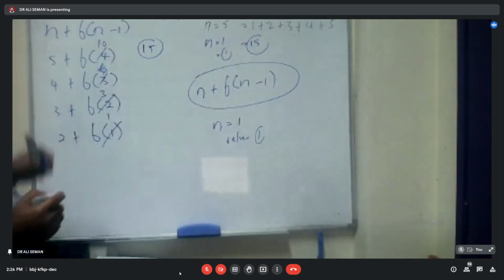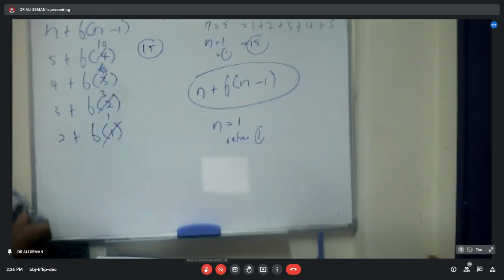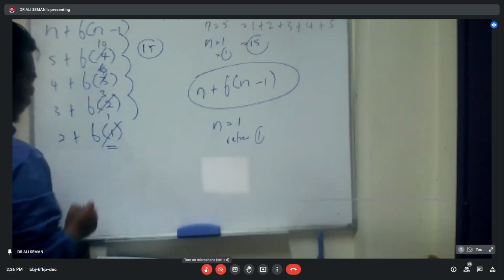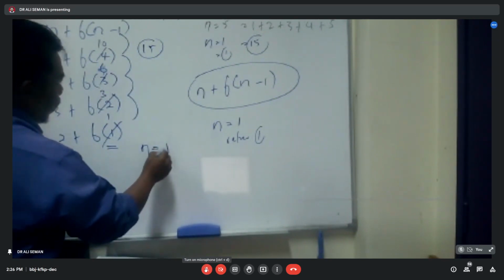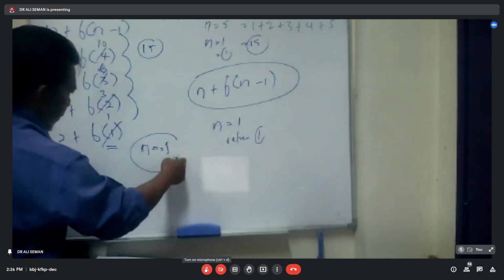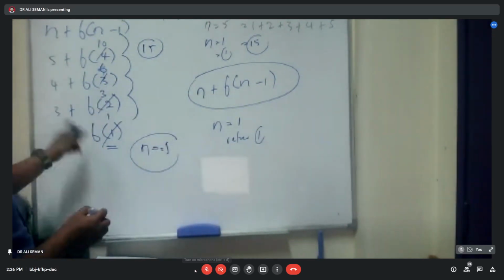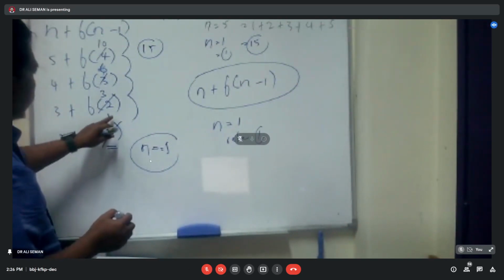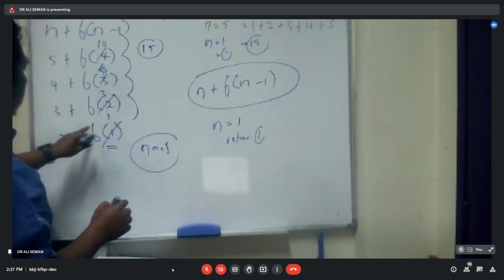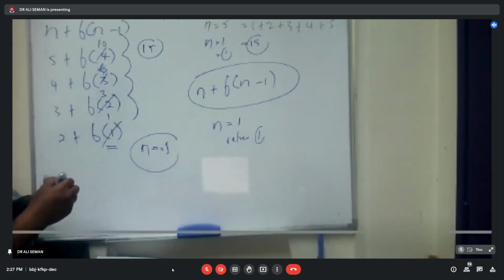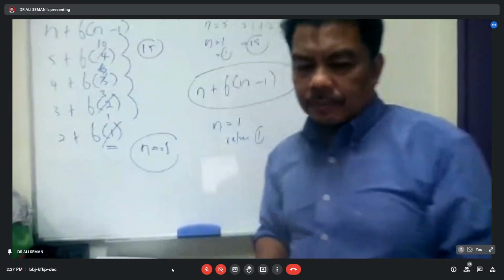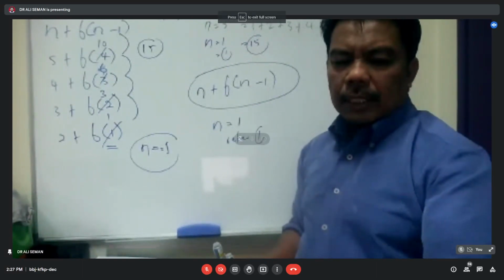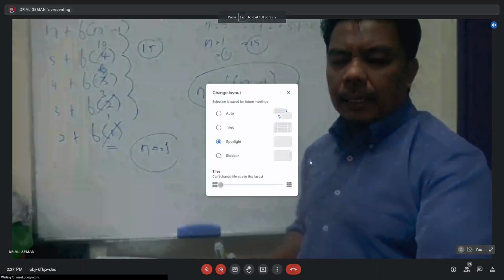This is how the repetition works. Can you see the repetition here? This will reduce until the stopping criteria. What is the stopping criteria? When n equal to 1. Here we stop the repetition. After you stop, you will return the values. The value is 1 here, return 1 because n equal to 1. And 2 plus 1, then combine back. Look at the slide here: sum of n is n plus f of n minus 1.